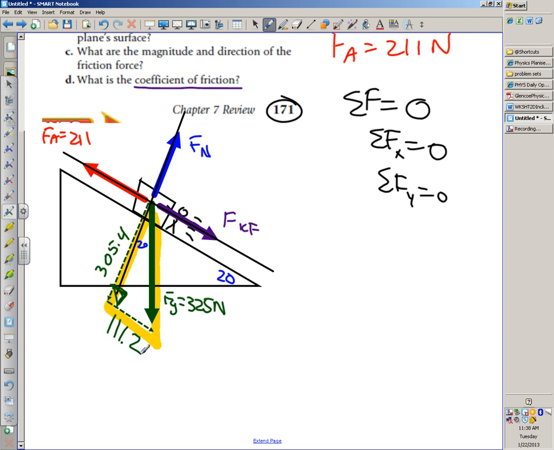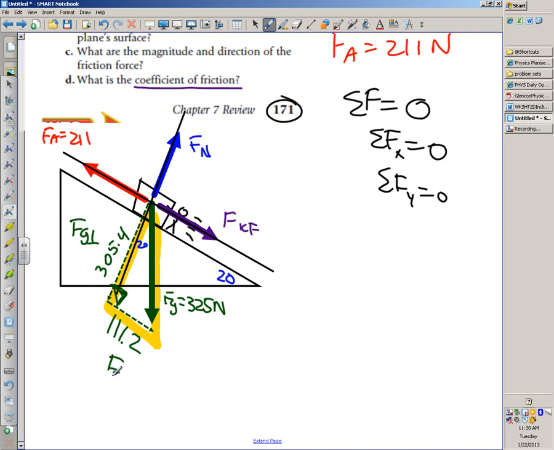Those two sides, 305.4 and then 111.2. So as far as naming convention goes, this component, the 305.4, we generally refer to as f of g perpendicular, because it's that component of gravity that's perpendicular to the ramp.